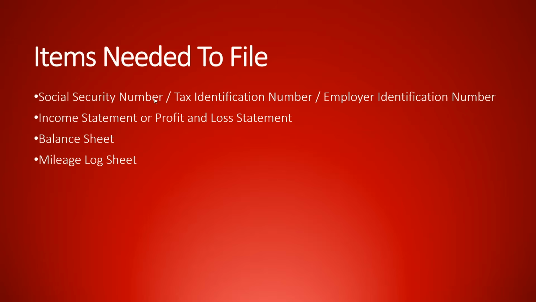And if you're an independent contractor or sole proprietor who has not requested a tax identification number, the same section is used. You also need a basic income statement or profit and loss statement, these accounting forms to show the income, expenses, and the net profit that you made for the business during the year, the balance sheet to show the net balance that you had for your business as of December 31st of whatever year, and a mileage tracking sheet.